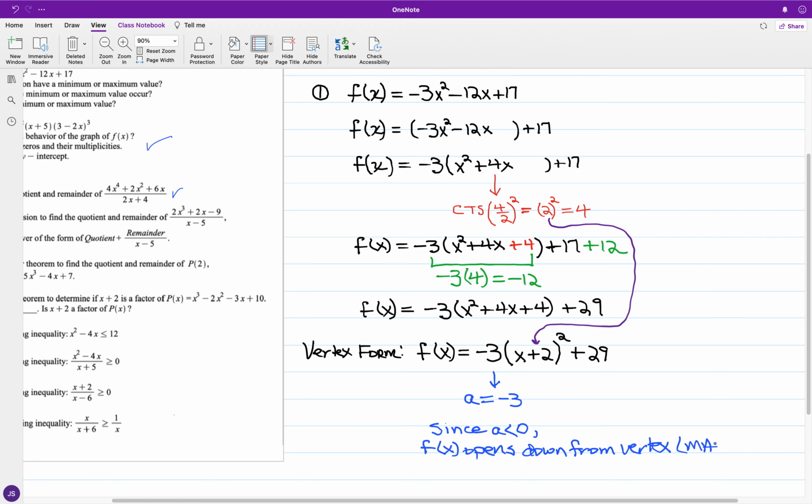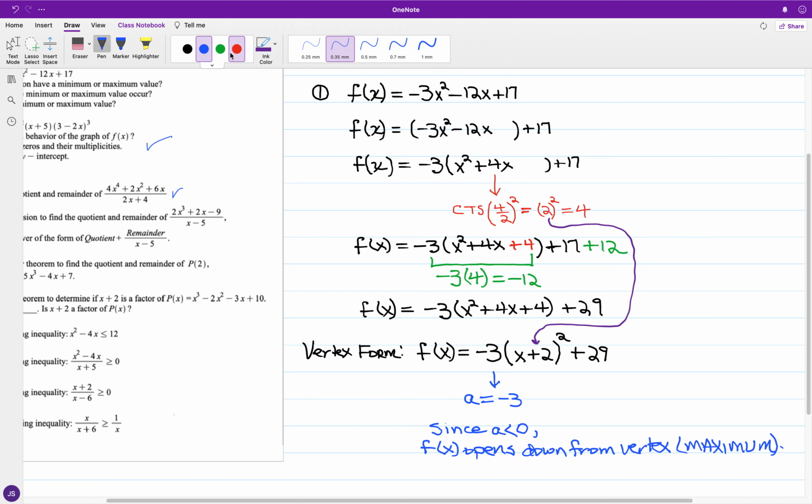If the graph opened up, the vertex would be a minimum location. For x plus 2, if I set this equal to 0, this is going to be the first coordinate of the vertex.